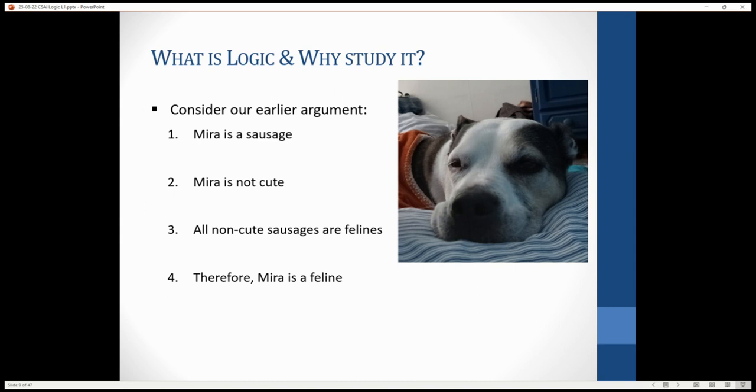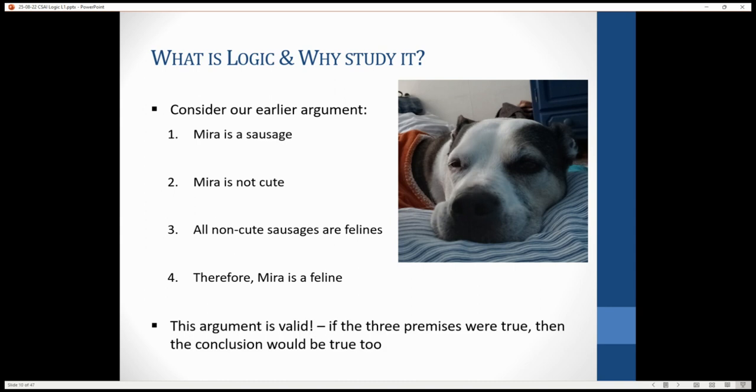Bingo. Or, to put it in terms of the definition, it's impossible for the premises to be true and the conclusion false. Nice. Note what's interesting: we said earlier these are all false. So again, the actual truth or falsity doesn't matter. It's just about whether it's possible to make all the premises true and the conclusion false.